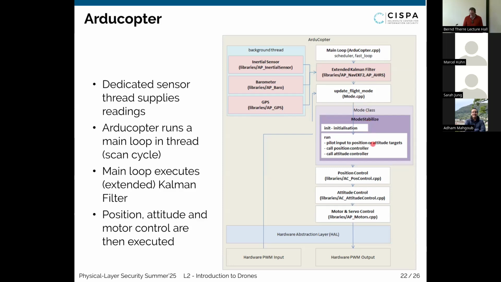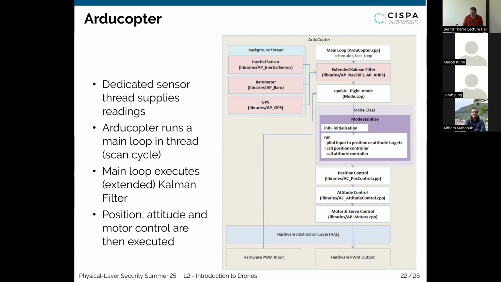Depending on the flight mode, we then go into the more low-level control of the physics of the drone: stabilize mode, position control, altitude and attitude control, and motor and servo control. So we're going down into the really detailed control of the drone. Then through a hardware abstraction layer, we convert these signals appropriately into analog signals or whatever, and send them out to the hardware, for example via the pulse width modulation signals that we briefly saw in the last lecture.